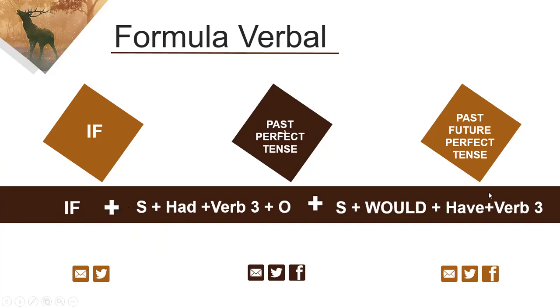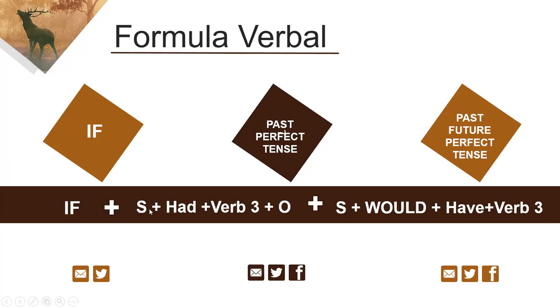Right, so the result clause is subject, and then what we call past future, would. What is the present of would? Will. Would is a past future, and then perfect tense, past future perfect tense. So it is like a combination of past future and perfect tense.